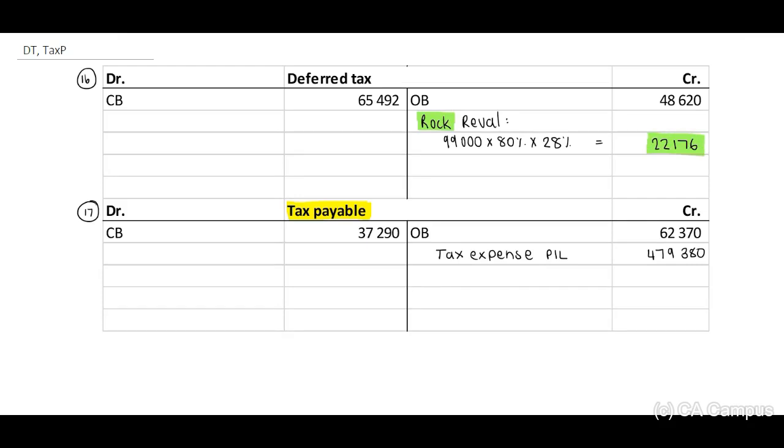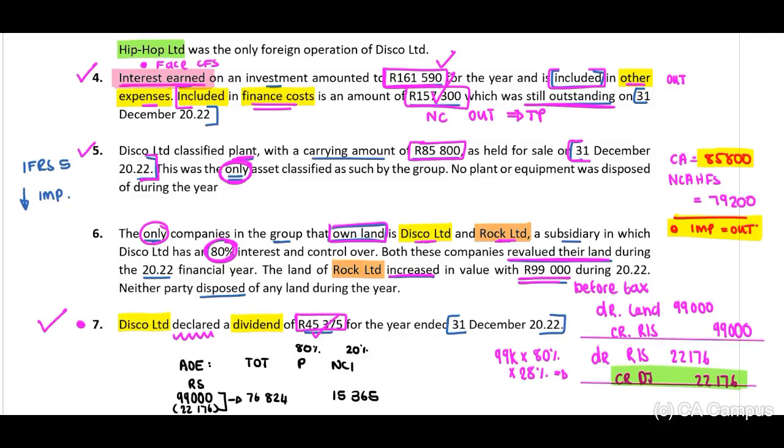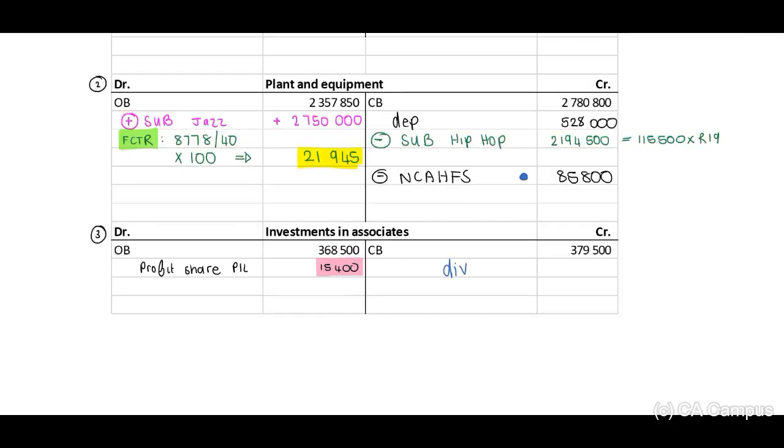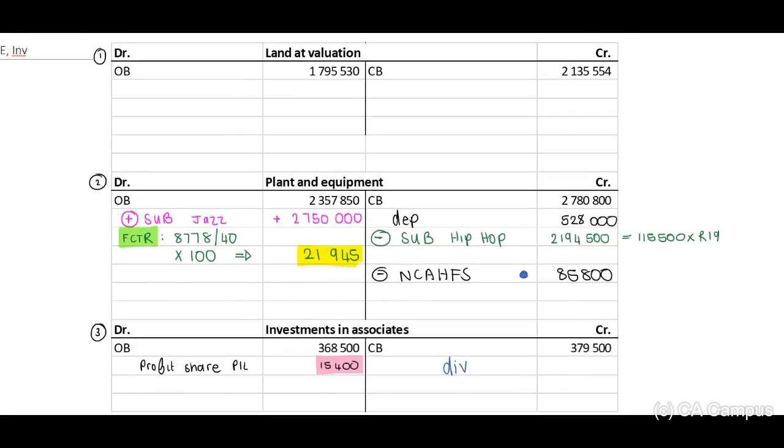But take this one step back. We need to perform our reconciliation of T account of our land. Therefore, we need to transfer the 99,000 to our land. Our land will increase on the debit side. Therefore, on the debit side, include, this is a reval, and this is in terms of ROC.